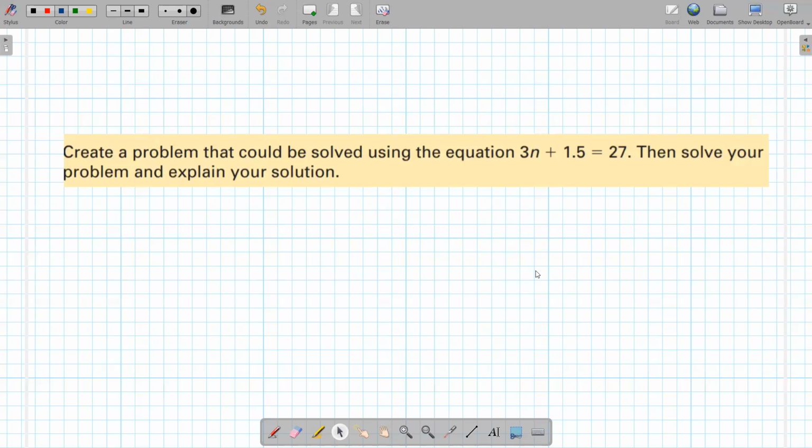You understand the question? You're supposed to come up with the words, or an example of a scenario, which then we can use this equation to solve.